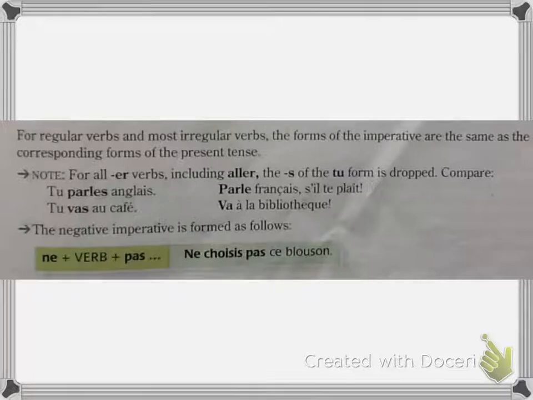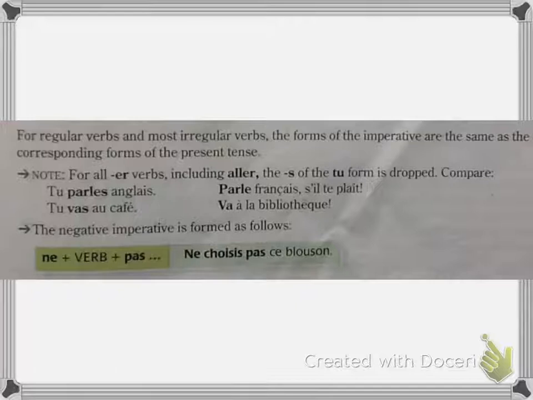For regular verbs and most irregular verbs, the forms of the imperative are the same as the corresponding forms of the present tense. Note, for all ER verbs, including aller, the S on the tu form is dropped. Compare: tu parles anglais, parle français s'il te plaît; tu vas au café, va à la bibliothèque.